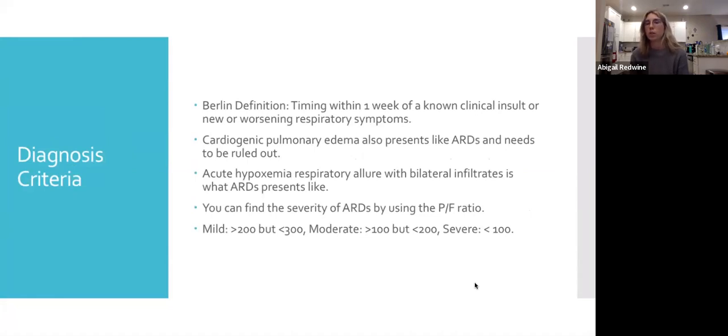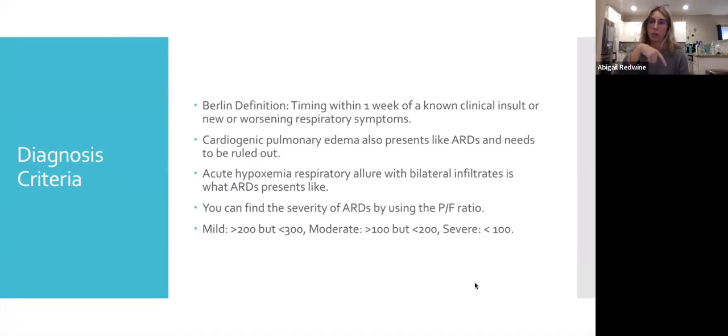It is difficult because they both have the bilateral infiltrates and air bronchograms on X-ray. ARDS patients will have acute hypoxemic respiratory failure with bilateral infiltrates, and that's one of the main telltale signs that you can use to rule out pulmonary edema versus ARDS.